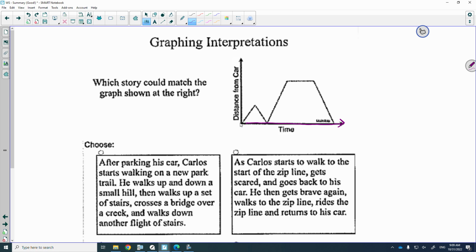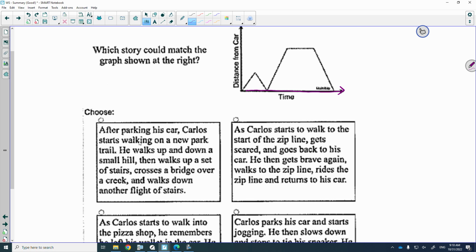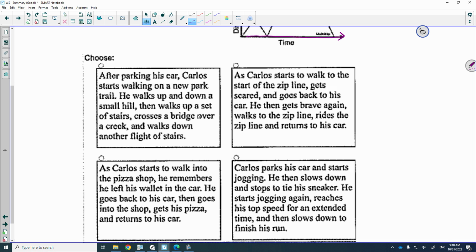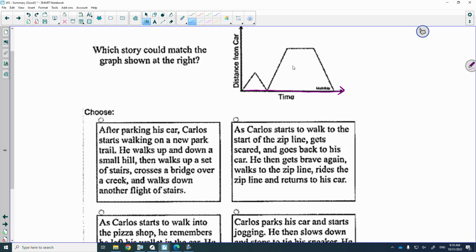Let's say you park your car and then this represents you walking away from your car. As 5 minutes goes, you're walking away from your car. I want you guys to read the 4 scenarios. Which scenario best represents what this graphing story would be? You've got to read each one.